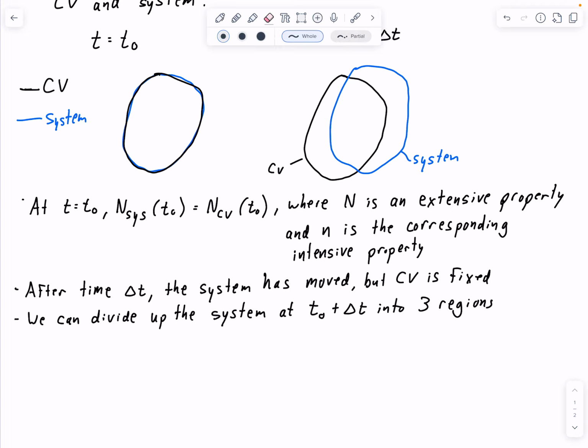So we're going to divide this up into region 1 right here, region 2 right here, and region 3 right here.